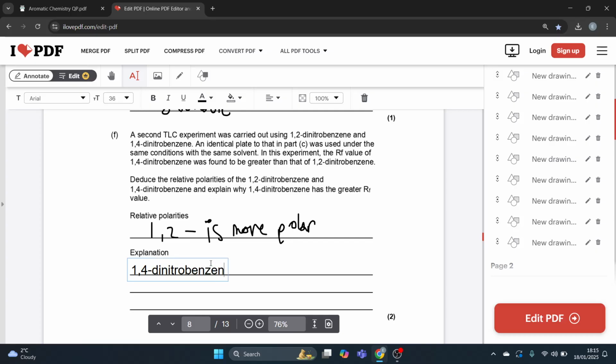Because what am I talking about when I say "it is"? It could be anything. 1,4-dinitrobenzene is less attracted to polar plate / stationary phase. There we go. Less attracted to polar plate / stationary phase, or you can say slash solid.